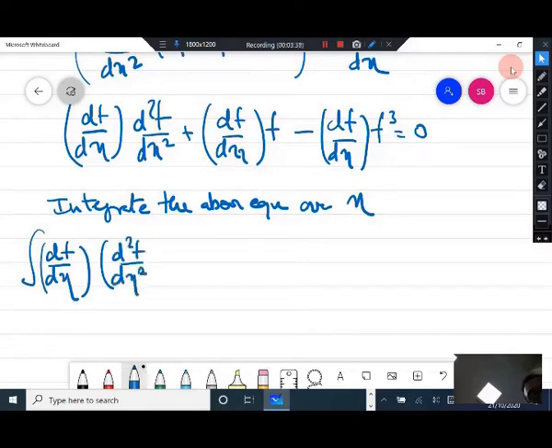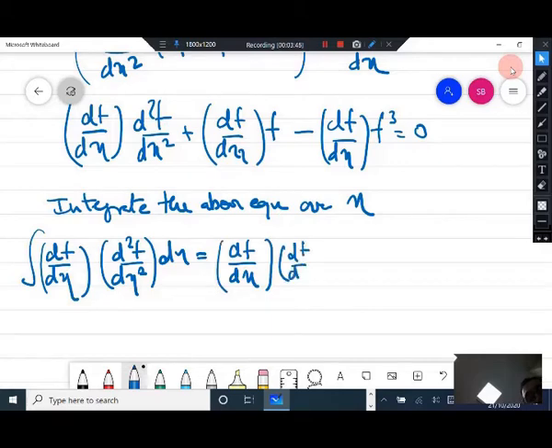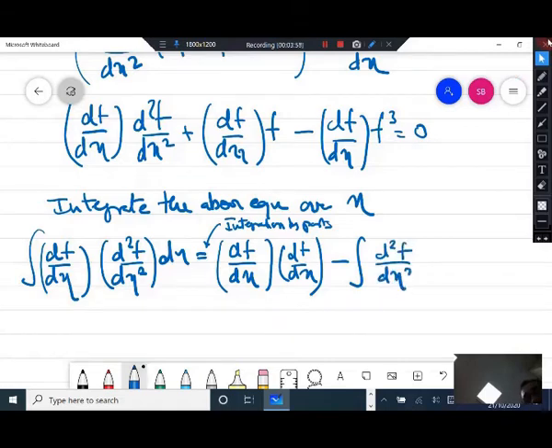The integral of df by d eta times d square f by d eta square d eta, if you do integration by parts, gives df by d eta the whole square minus the integral of d square f by d eta square into df by d eta d eta.